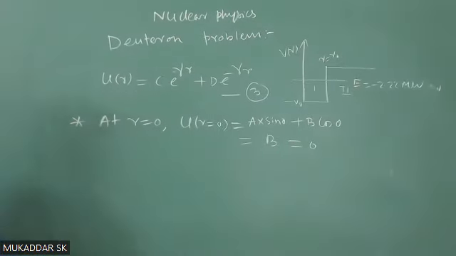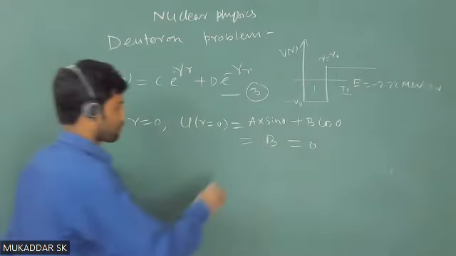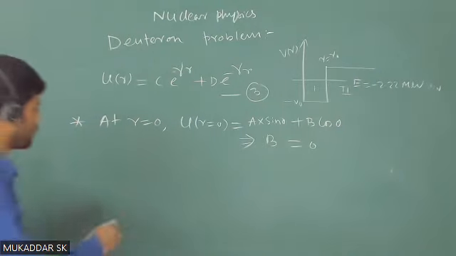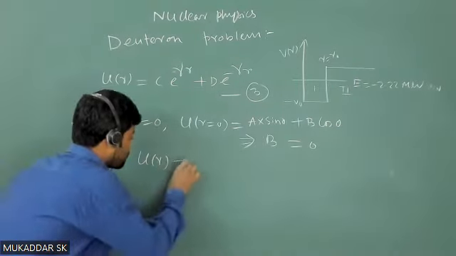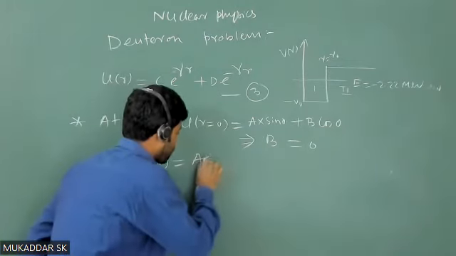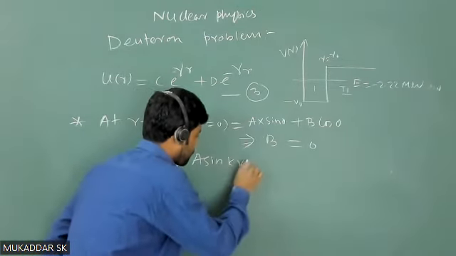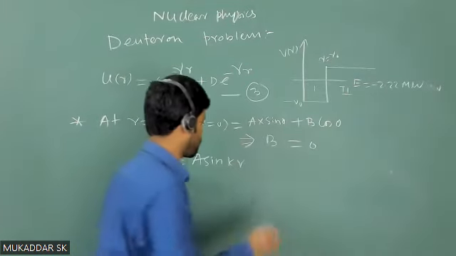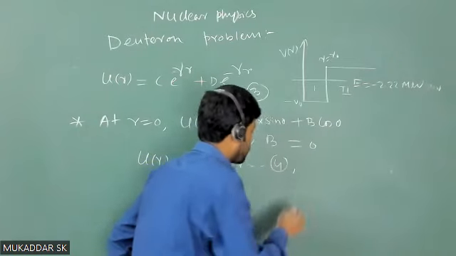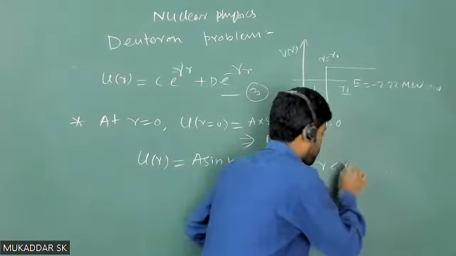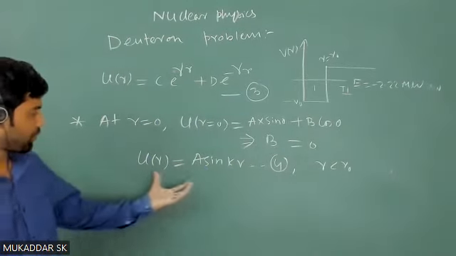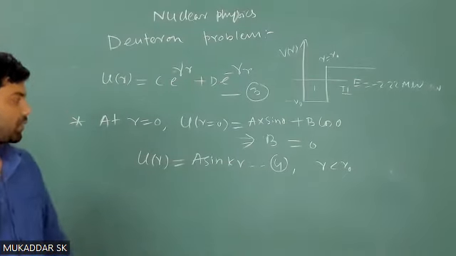It means b equals 0. Now u of r becomes a sin kr when r is less than r naught. This is your equation number 4, the radial part of the wave function.